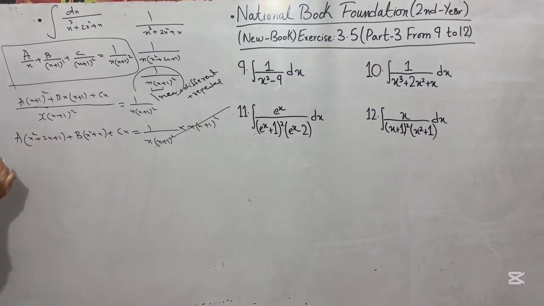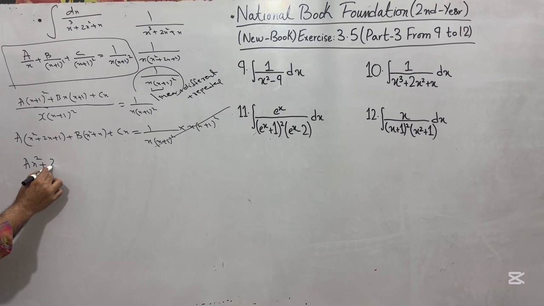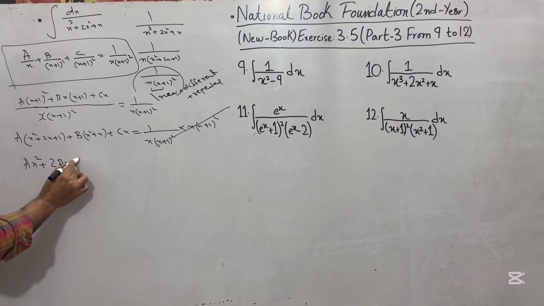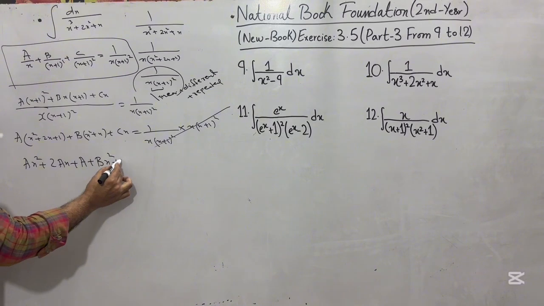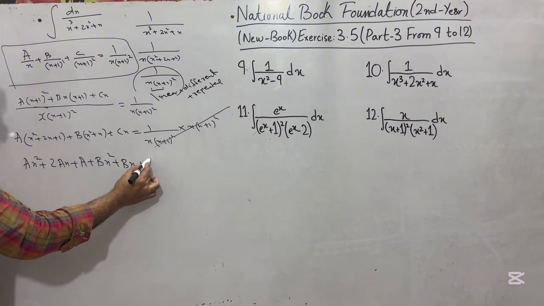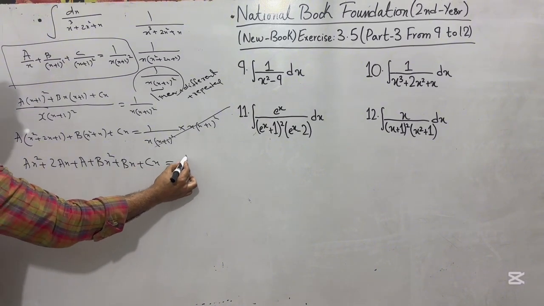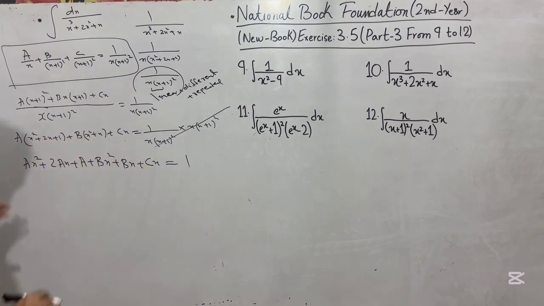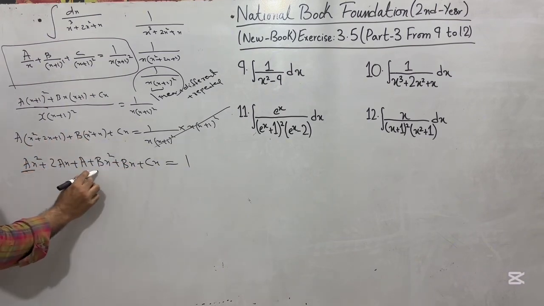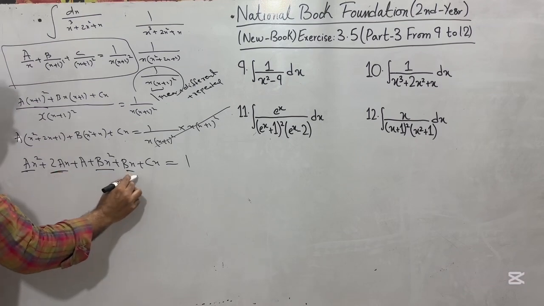Cancelled out. Multiply A throughout, it will become Ax square plus 2Ax plus A plus Bx square plus Bx plus Cx is equal to 1. Collecting the like terms: Ax square, Bx square, then x, then without x.